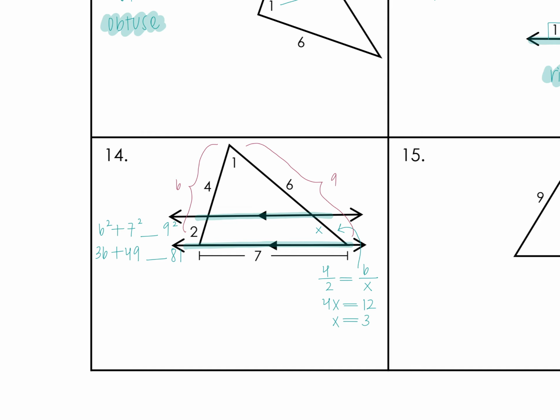When I add the 36 plus the 49, I'm going to get 85, which will be greater than my 81. And so that means that they're all going to be acute, then my angle 1 should also then be acute.